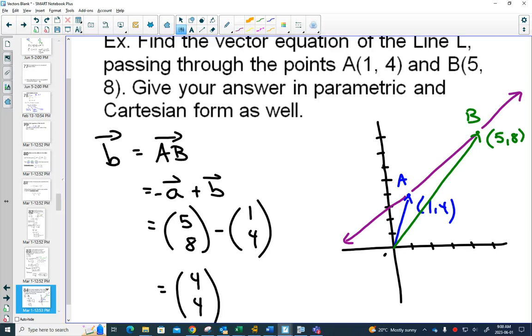That will take you from A to B. Can you see that if you were thinking slope, you're going over 4 and up 4 to go from point 1, 4 to 5, 8. So your slope would be 4 over 4, which could be 1 over 1, which could be just 1.